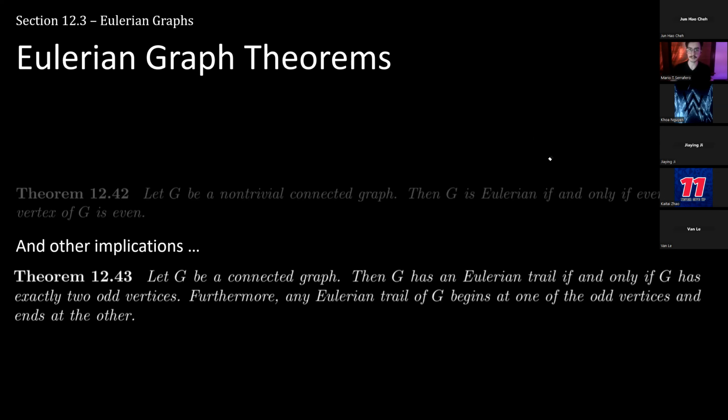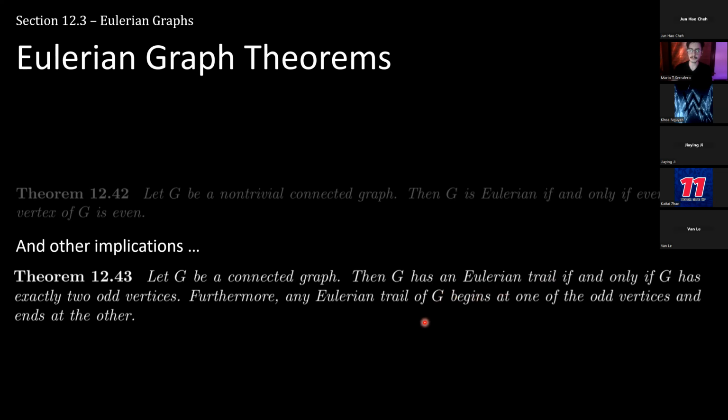One of them is that if G is a connected graph, then G has an Eulerian trail if and only if G has exactly 2 odd vertices. Furthermore, any Eulerian trail of G begins at one of the odd vertices and ends at the other. You can think about this in terms of the proof that we looked at earlier.